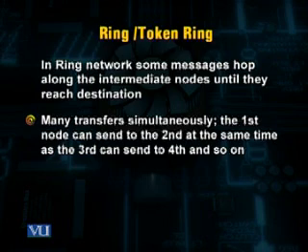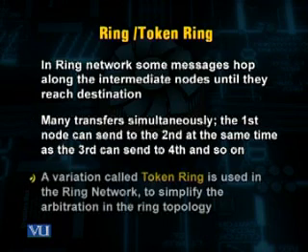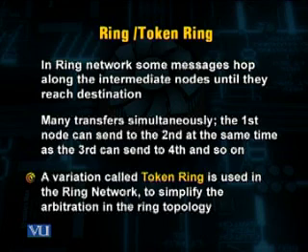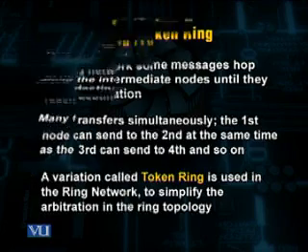For example, the first node can send to the second node at the same time when the third node sends to the fourth node, and so on. However, a variation called token ring is usually used in the ring network, and this technique simplifies the arbitration in the ring topology.